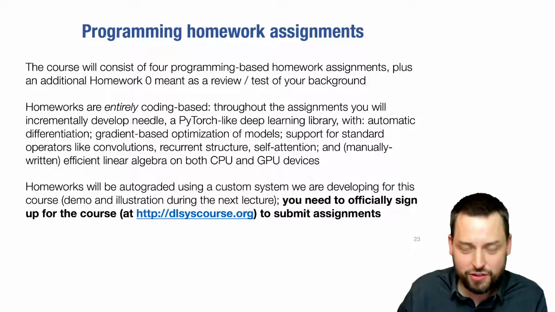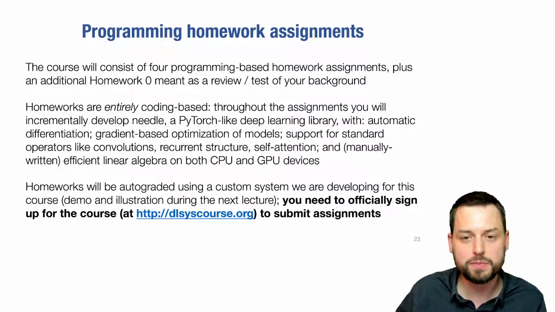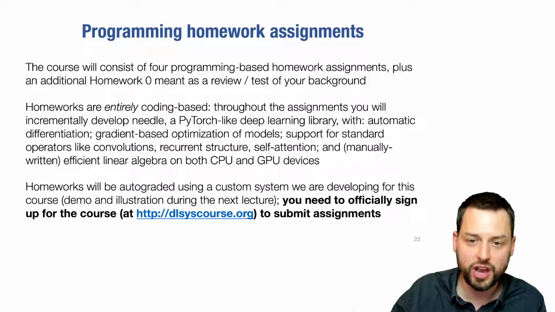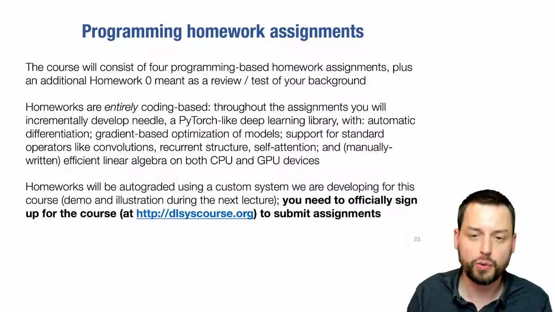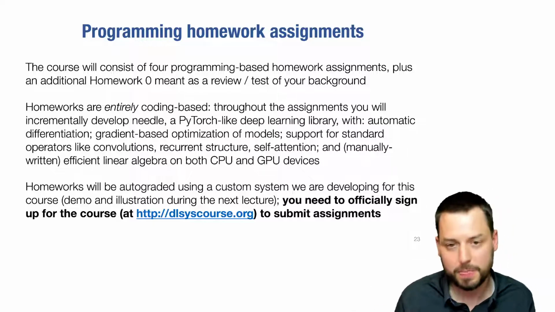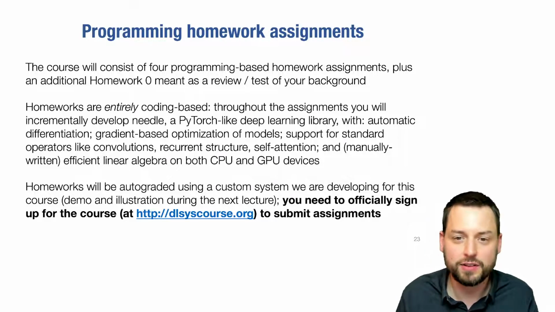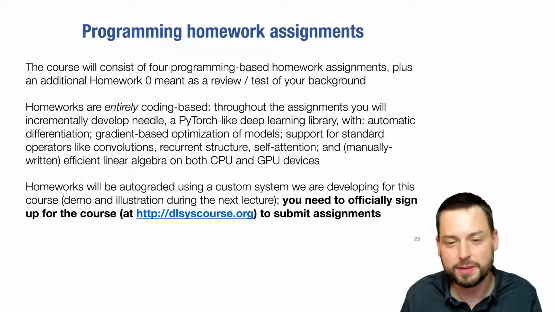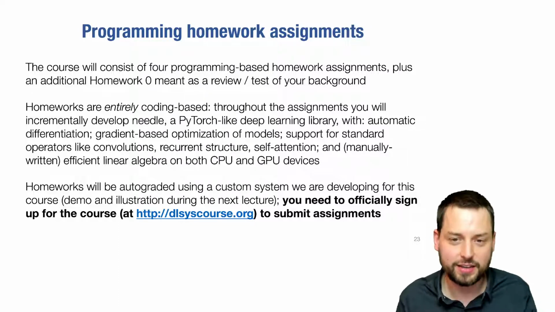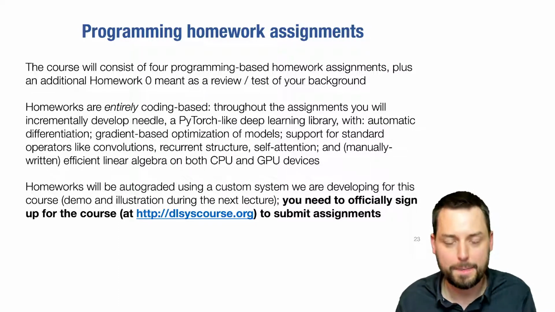So you do all your execution locally, and you only submit answers. The answers are checked against reference solutions in the auto-grading system, which makes it much faster to run, as well as a little less painful in terms of debugging environment setups.